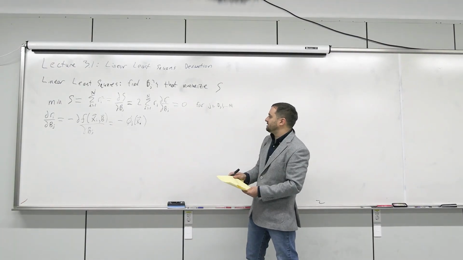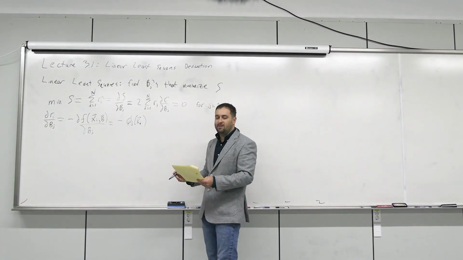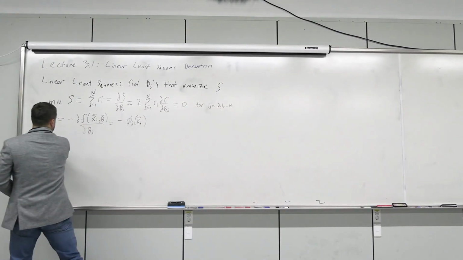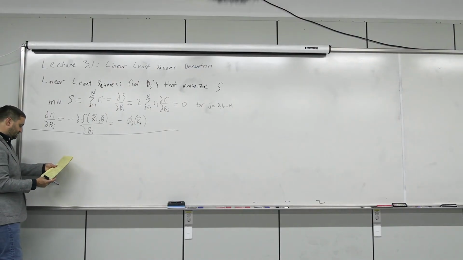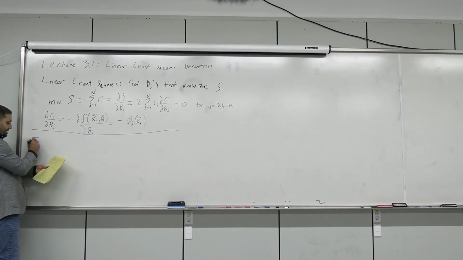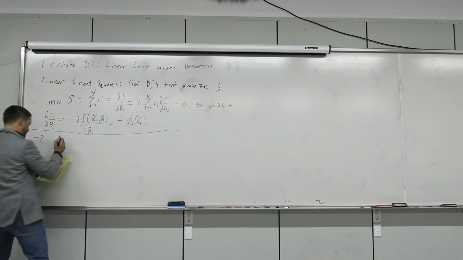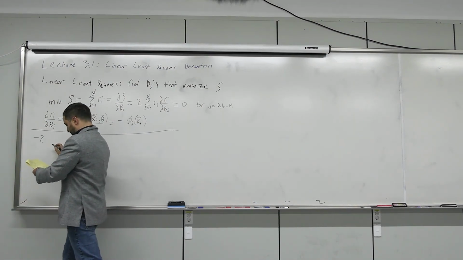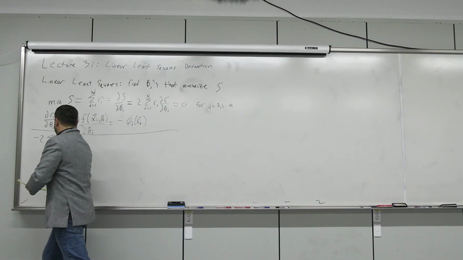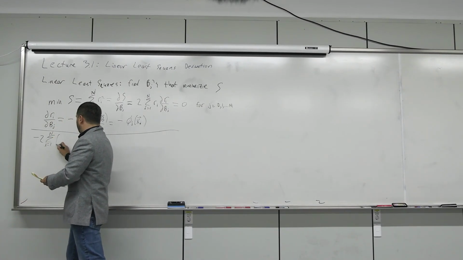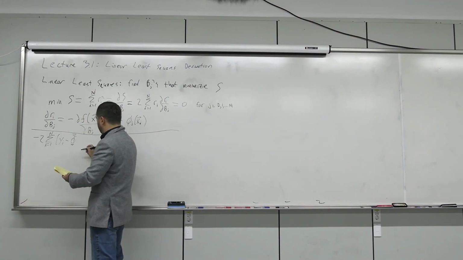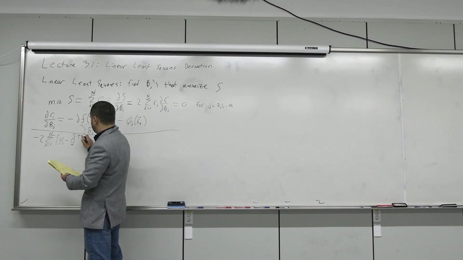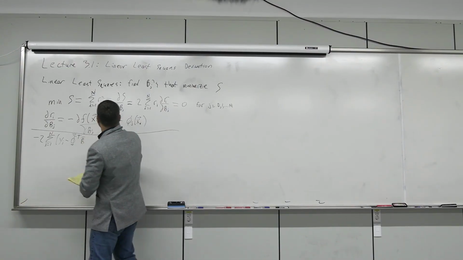And so now this gives us a system of m plus 1 equations. So let me just draw a line. It's going to be -2 times the summation of i equals 1 to n of y_i minus, now our vector phi transpose times beta.